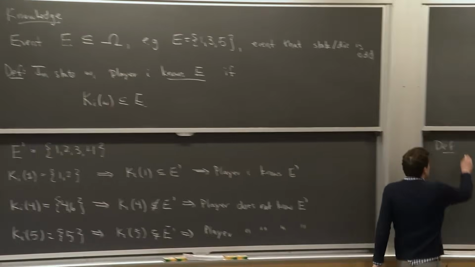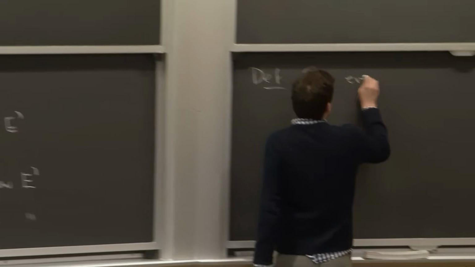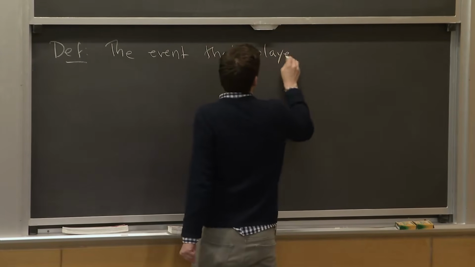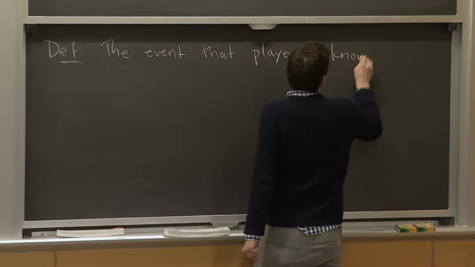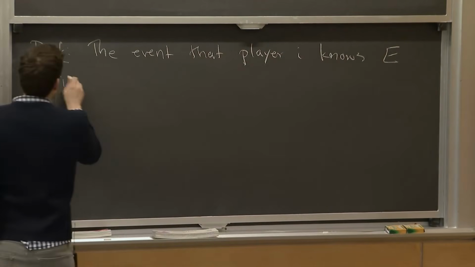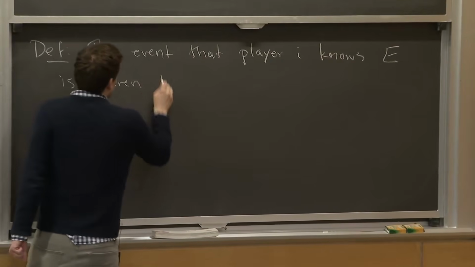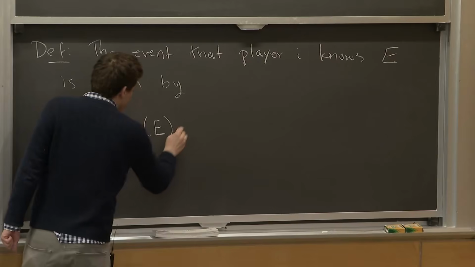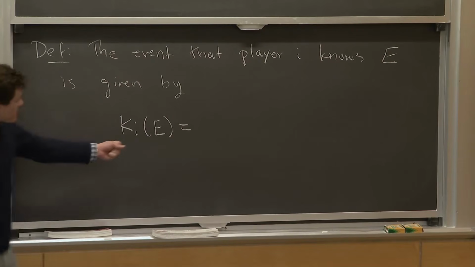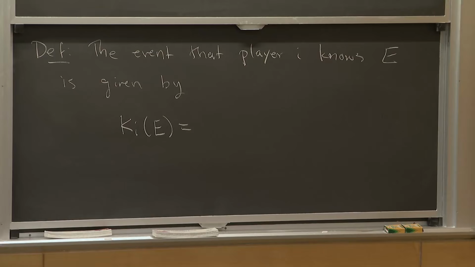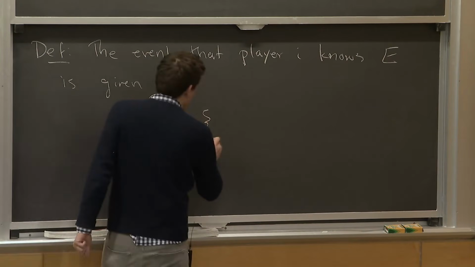So the event that player I knows E is given by what we're going to call Ki of E. This is going to be the set of all states in which player I knows that event E has occurred. So let's write this down mathematically.